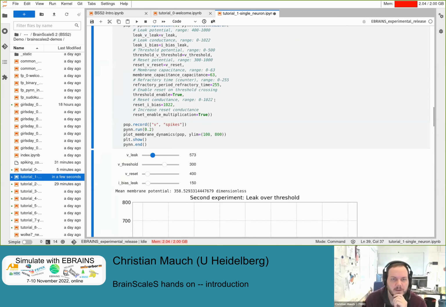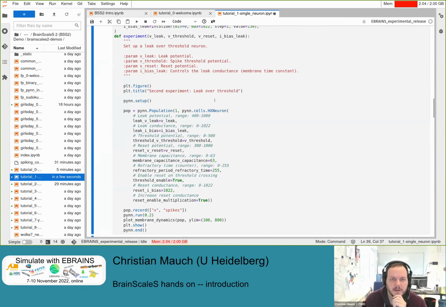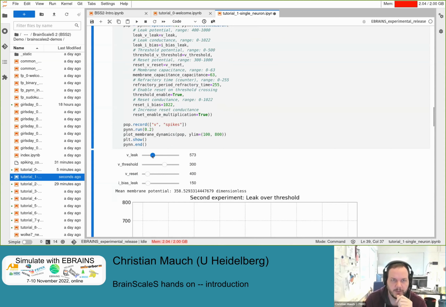The leak threshold thing, so you mean in the new setup? I hope everyone is somewhat familiar with the leaky integrate and fire neuron model. If not, I sadly don't have a backup slide.